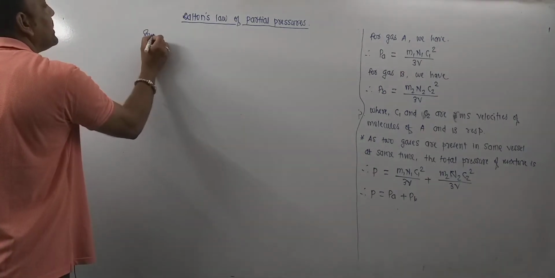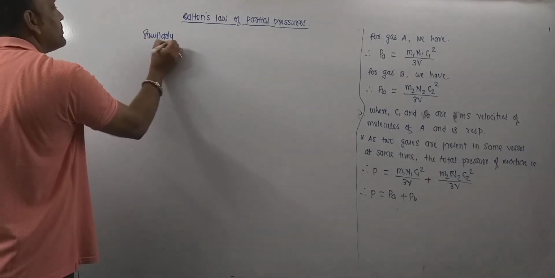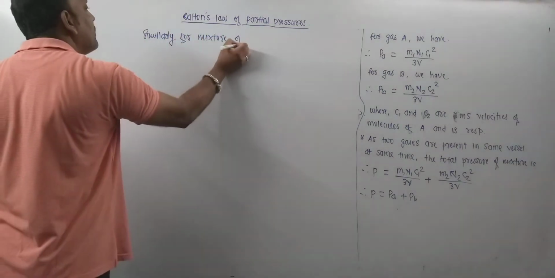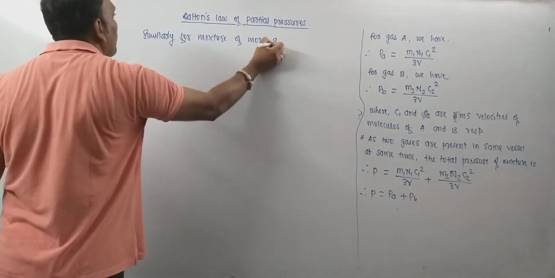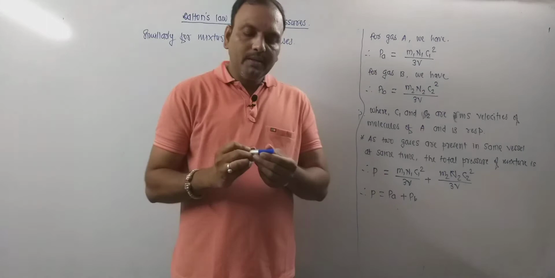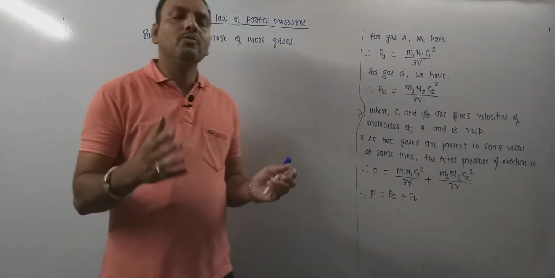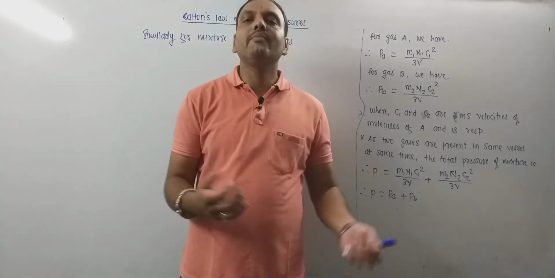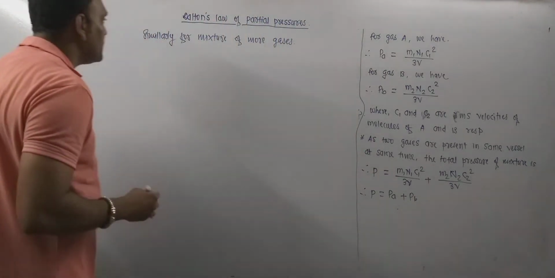So similarly, for a mixture of more gases, what do we need to do? In order to calculate the total pressure of the mixture, we need to add the partial pressures of each and every ingredient associated with that mixture.